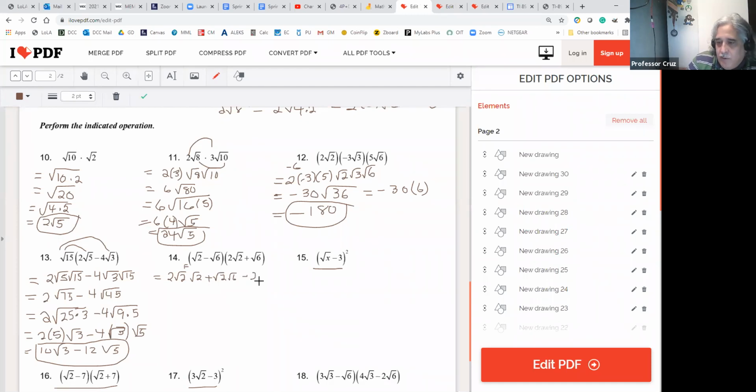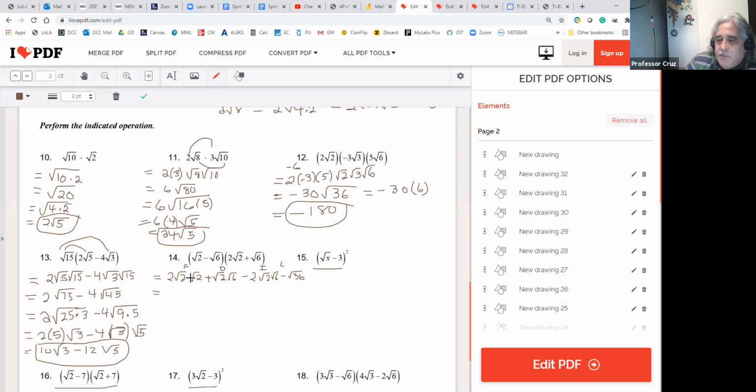Then it's 2 square roots of 2 times square root of 6. And like I said, I'm going to run out of room here. Negative times positive is negative square root of 36. All right, so that's outside, inside, and the last.